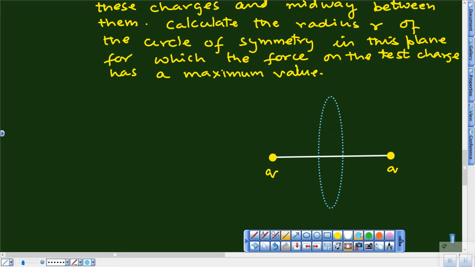So this was the plane of symmetry, and this is a circle on this. They're asking the radius of this blue dotted circle, so that the force on the charge kept at this point is maximum.